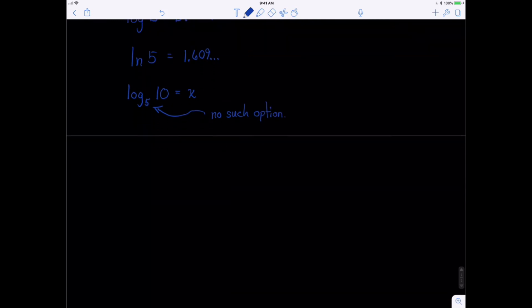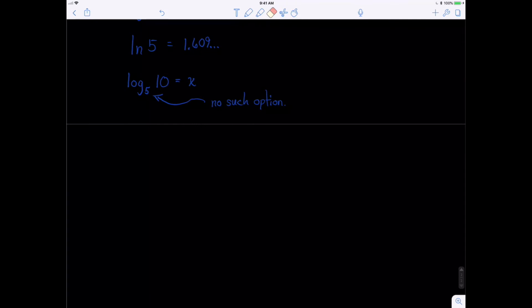So here's what we do. Let's say we're presented with the problem of y equals the log in any base of x.